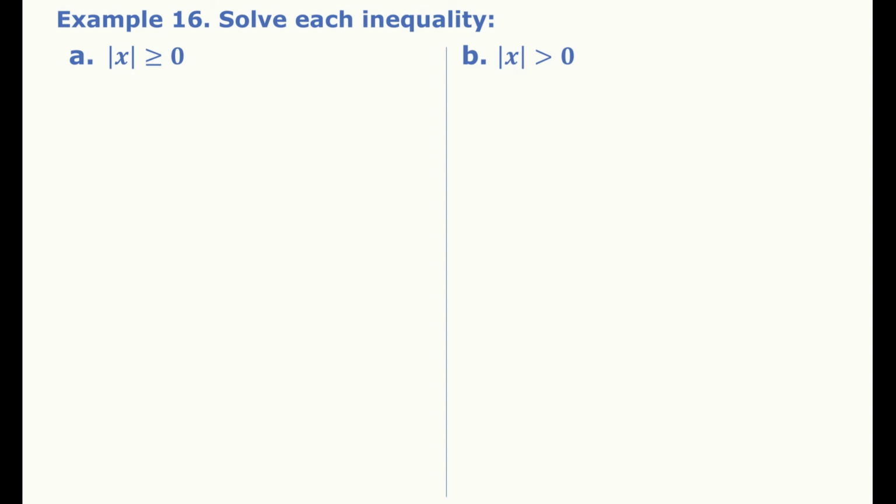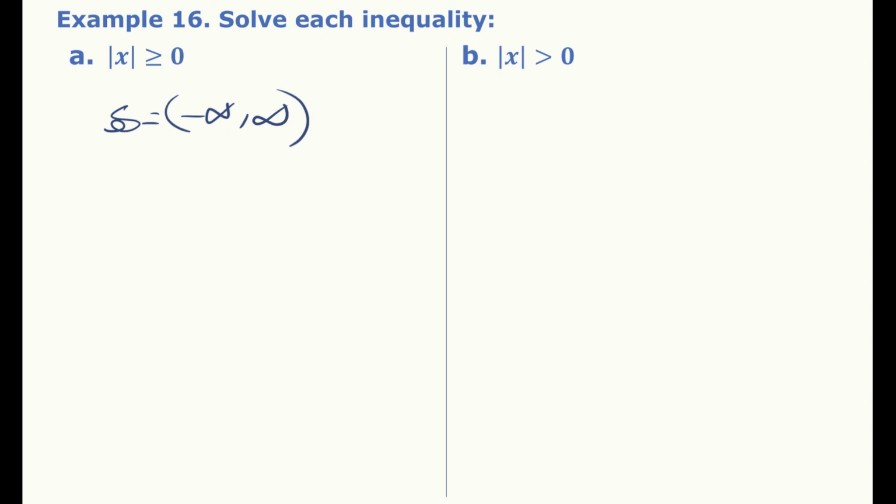How about this one? Is this true for all real numbers? You may be thinking, yes, it actually is. For all real numbers x, the absolute value is distance and therefore greater than or equal to 0. So the solution set here is all real numbers, right? Not so fast with this one.